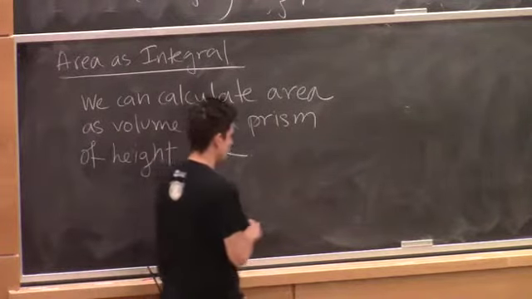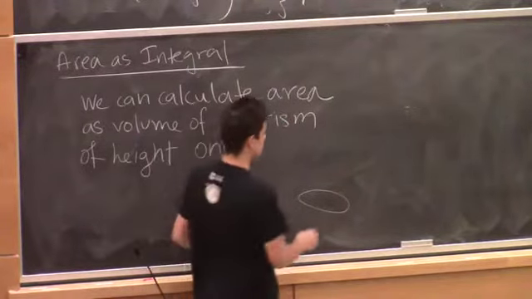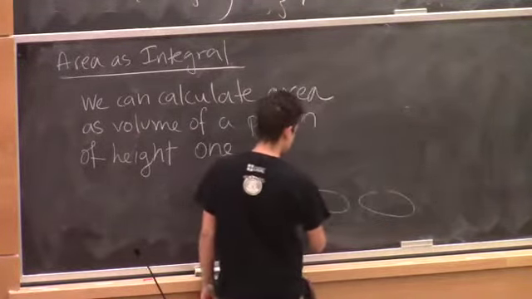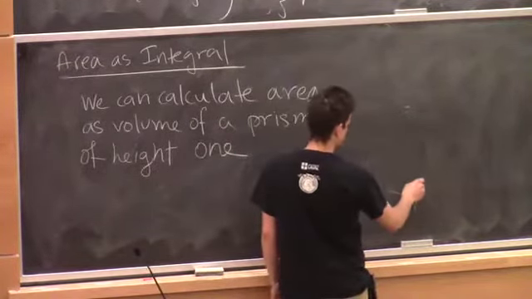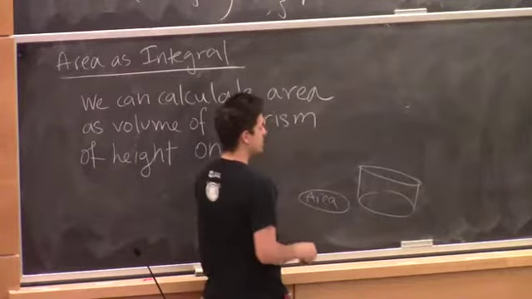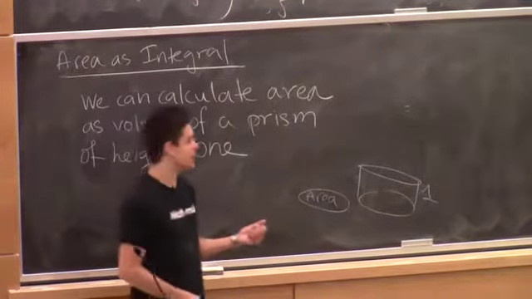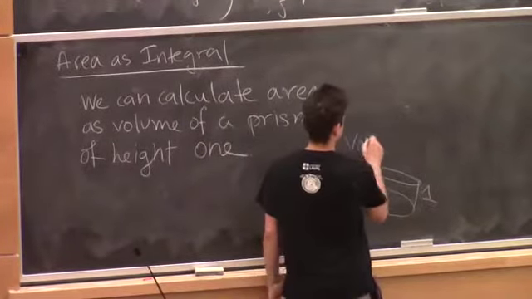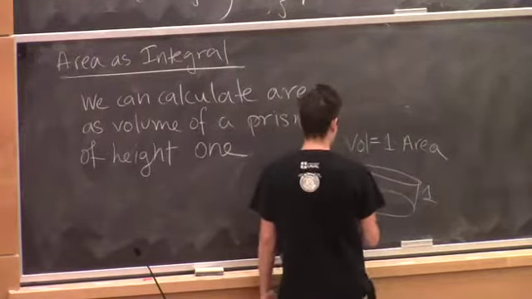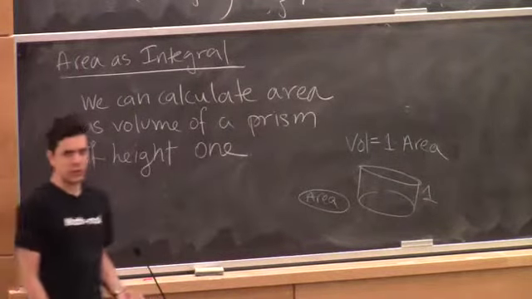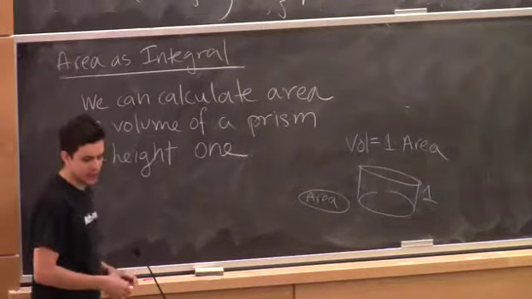So if we've got some region in the plane, we want to know the area of this circle. We can extend it to an object of height 1, and then that area will get multiplied by 1 and become a volume. It's a nice way to think about calculating area.